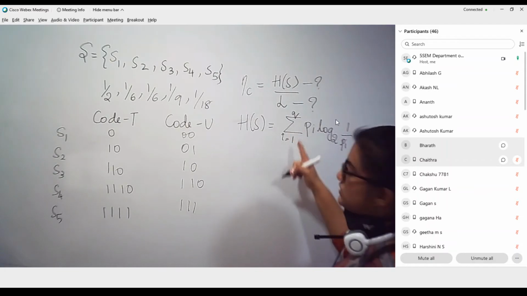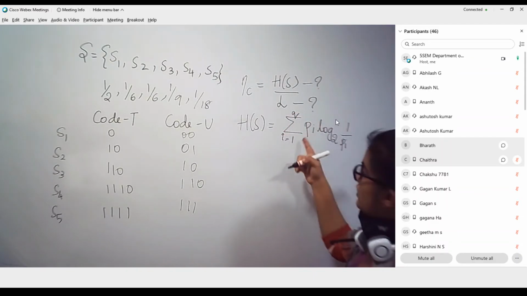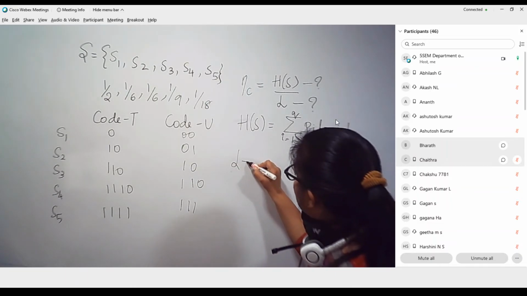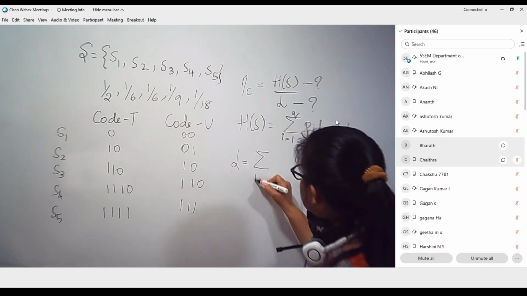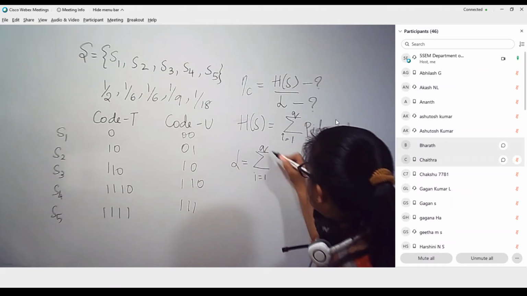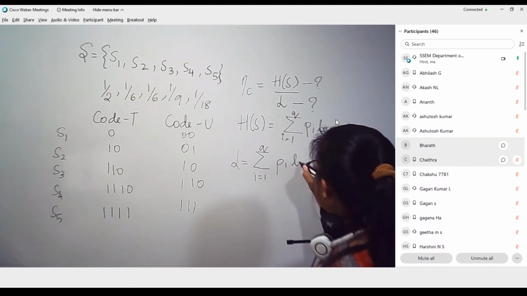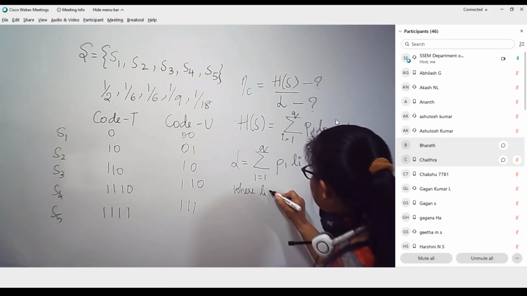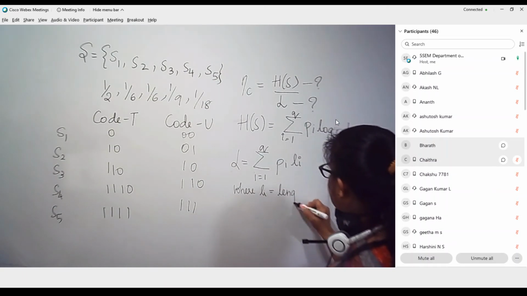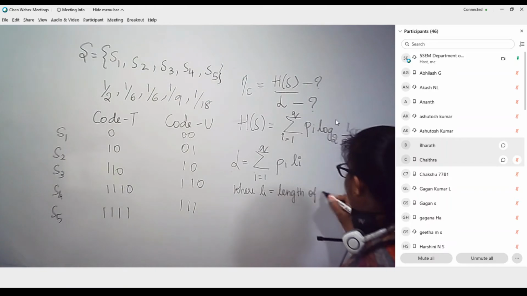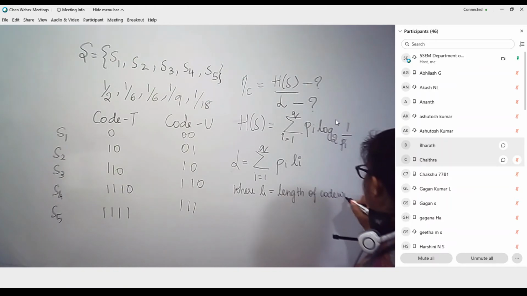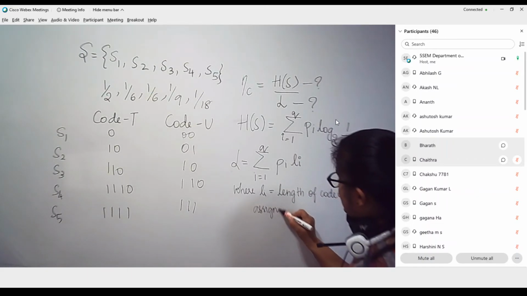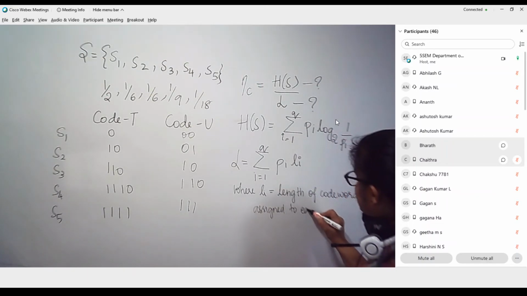Then the average length is given by the summation from i equal to 1 to q of Pi into Li, where Li is the length of the code word assigned to each symbol.